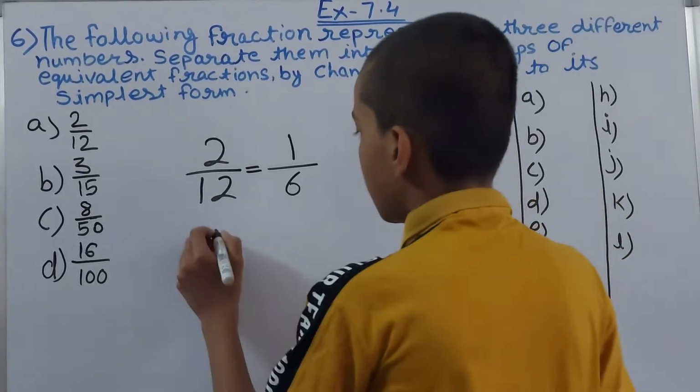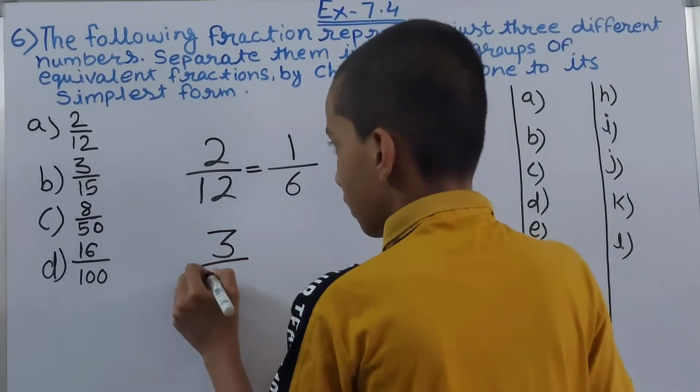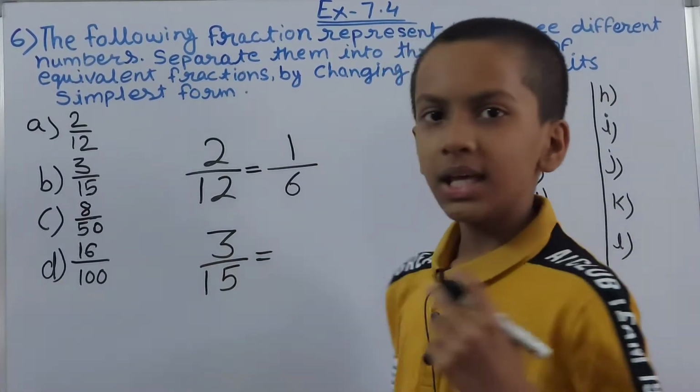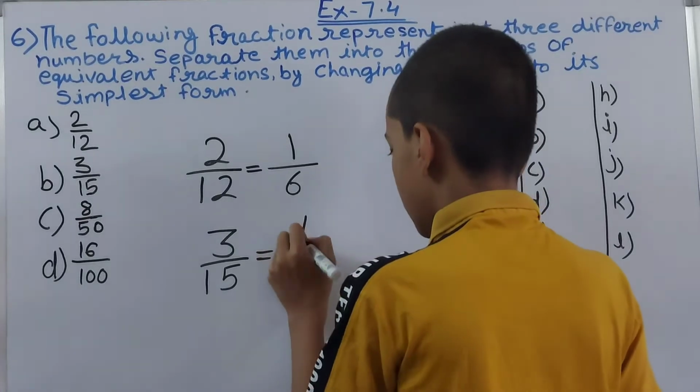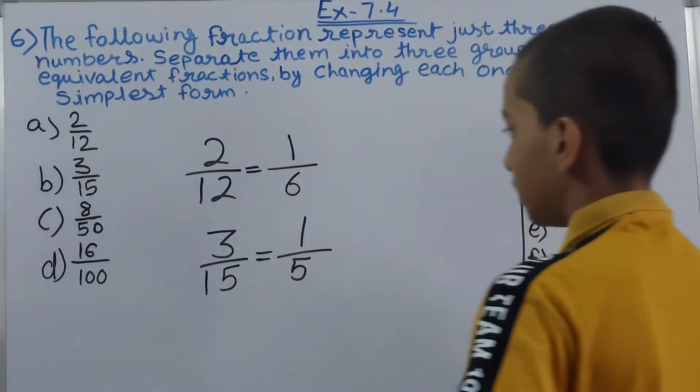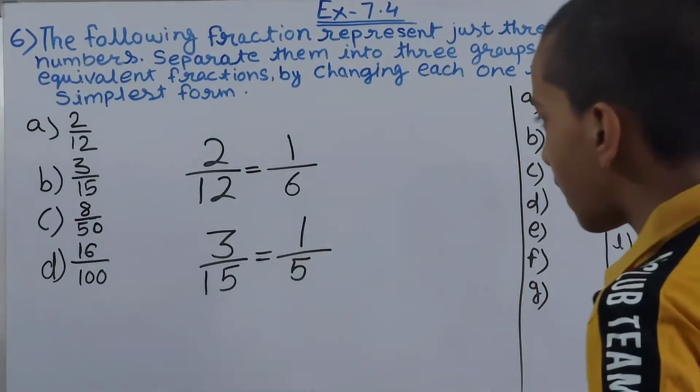Same way, see the B one, which is 3 upon 15. So 3 upon 15, both will go by 3. So 3 goes 1 time by 3 and 15 goes 5 times by 3. So this is 1 upon 5.